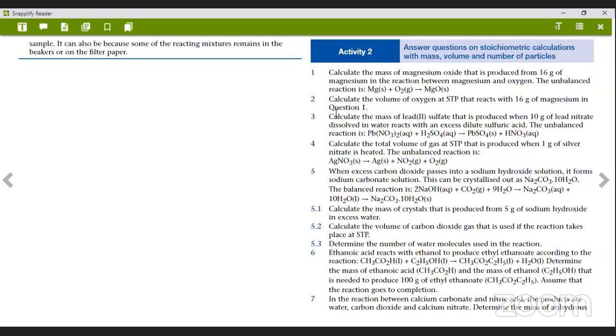The unbalanced reaction is Mg(s) plus O2(g) gives you MgO(s). Okay, so what they want here, they are looking for the mass. So what needs to happen here? First of all, what we're going to do is balance the equation. So let me just go through it, one that is done already.